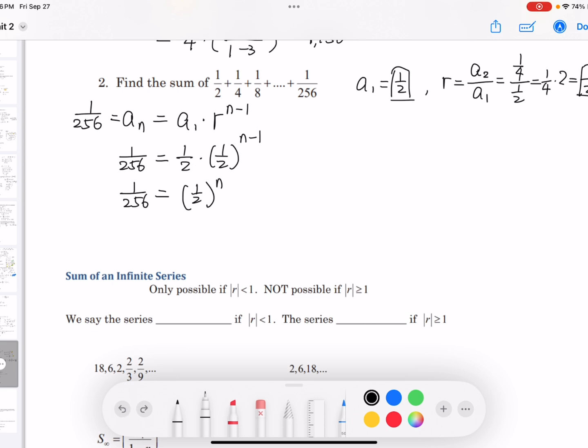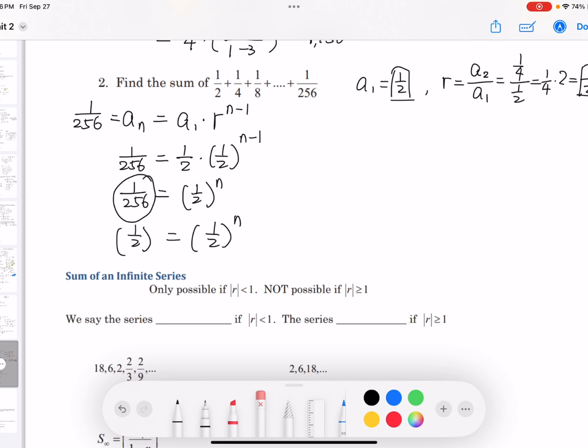So can you convert this 1 over 256 to be 1/2 to what power? Sorry, I can use my calculator to find that 256 is equal to 2 to the 8th power.